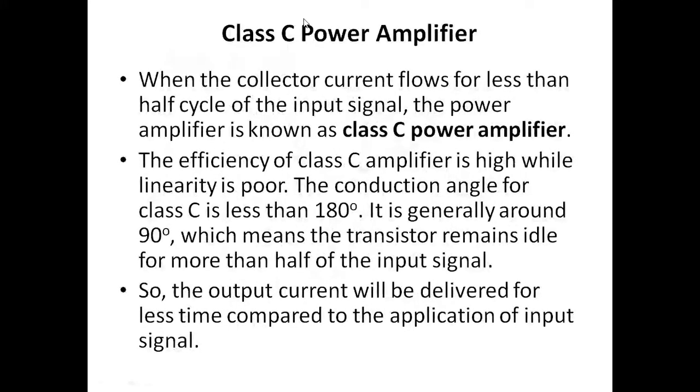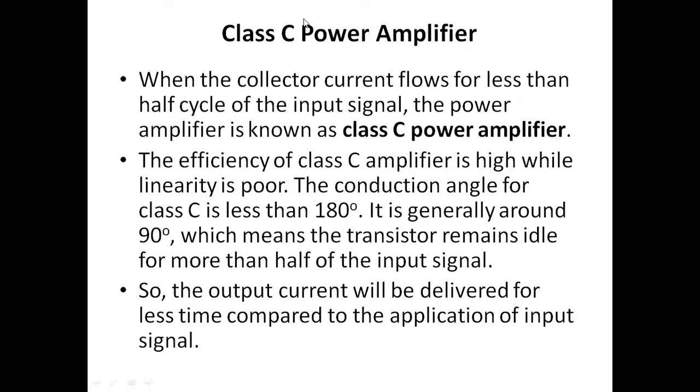Next one, class C power amplifier. When the collector current flows for less than half cycle of the input signal, the power amplifier is known as class C power amplifier. In class A, the transistor conducts for the full cycle. In class B, the transistor conducts for half cycle.